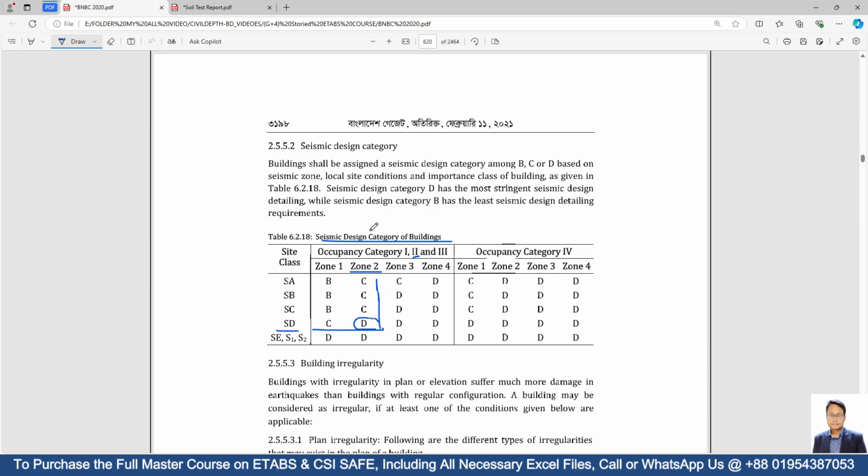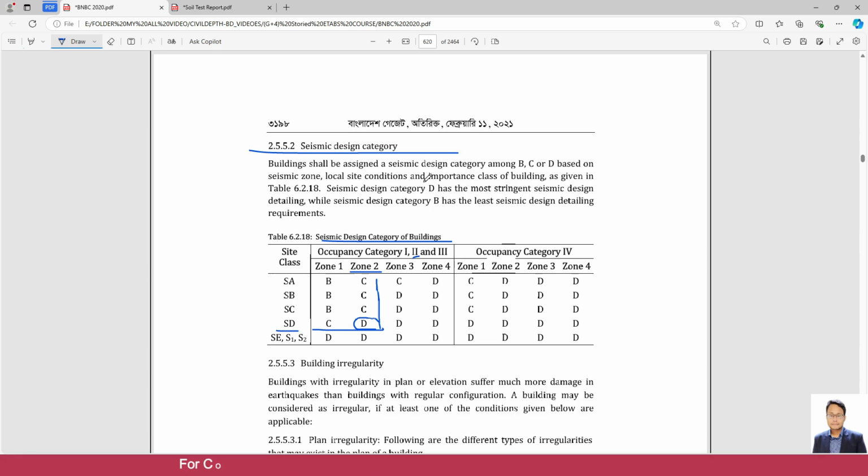Now you have to understand what is SB, SC, or SD. If you go here, you will see buildings shall be assigned a seismic design category among B, C, or D based on the seismic zone, local site conditions, and importance class of buildings as given in table 6.2.18.